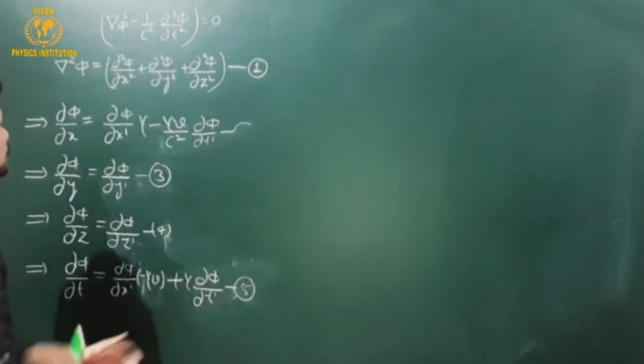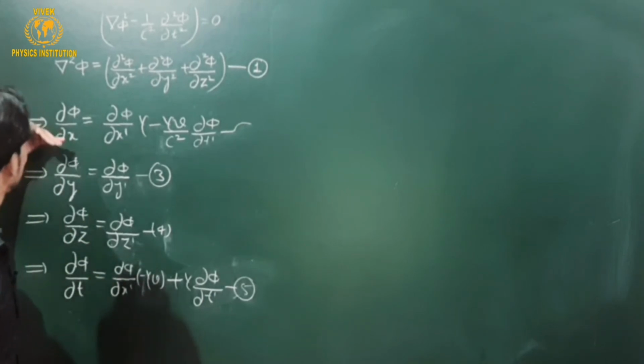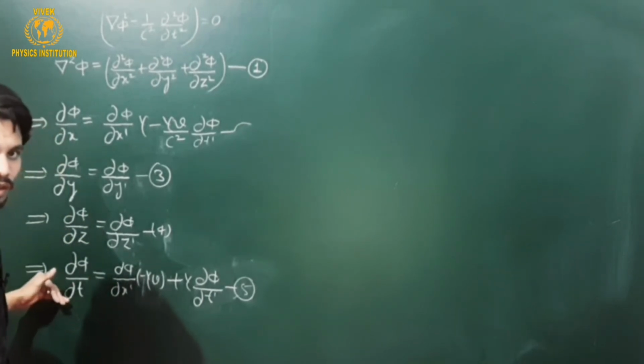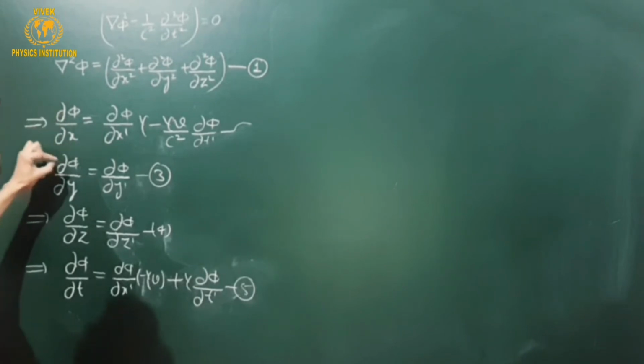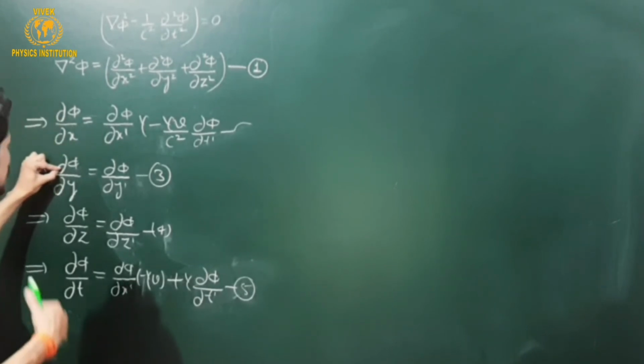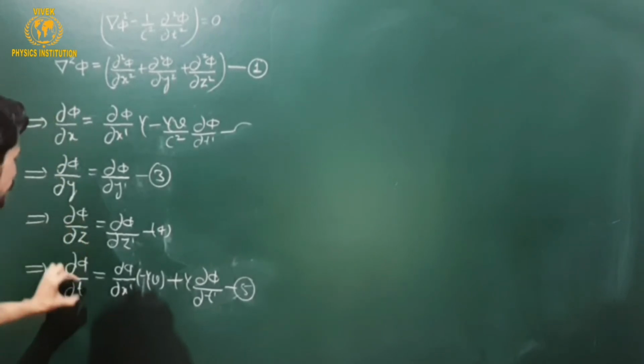But as you have the idea, my aim was not to find the values of this one, this one, that one. I will be finding the value of their square. It means that these are the first partial derivatives of phi with respect to x, y, z, t.